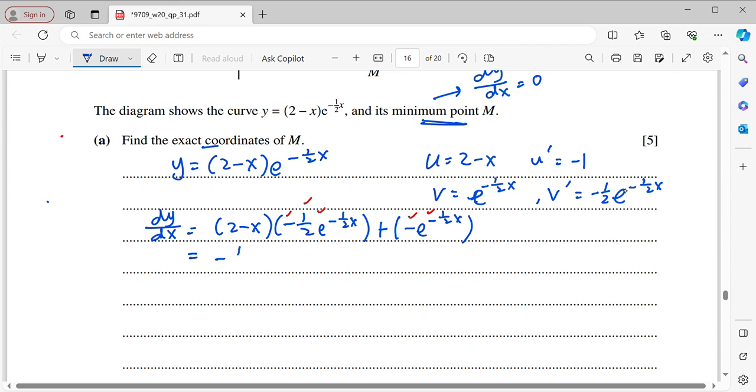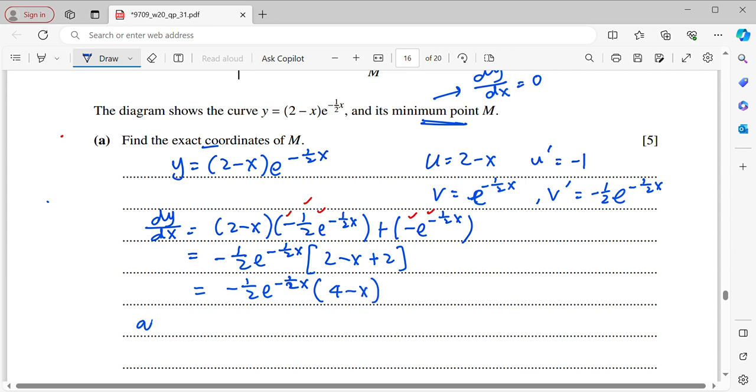So I factorize negative half e negative half x. So first term left 2 minus x. Second term, since I factorize a half, that means you will have plus 2. Okay, then now I further simplify. You will get 4 minus x inside the bracket.